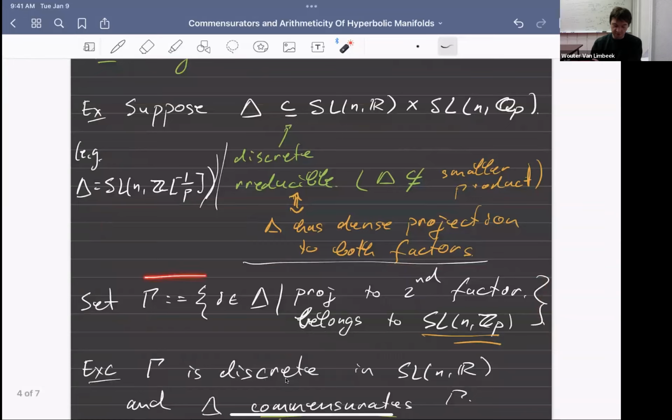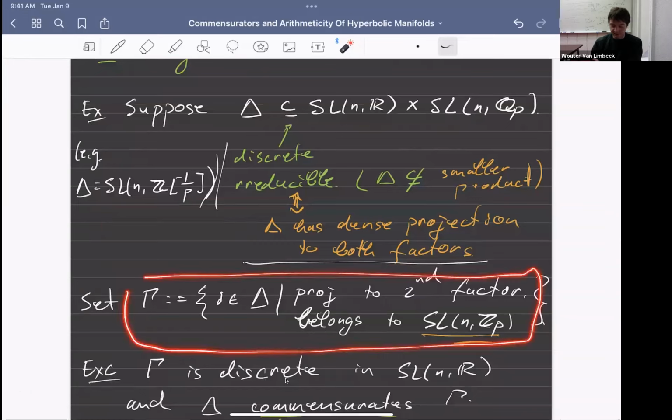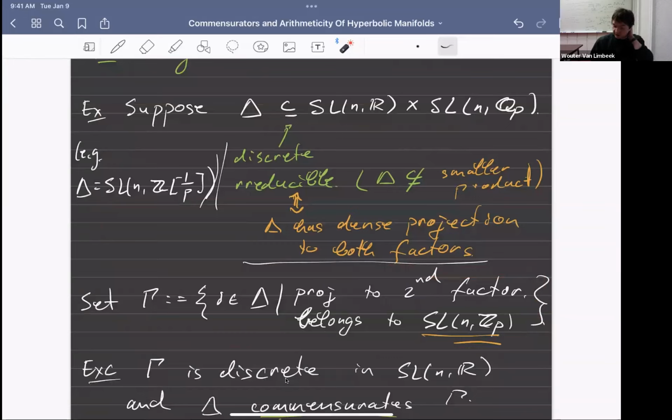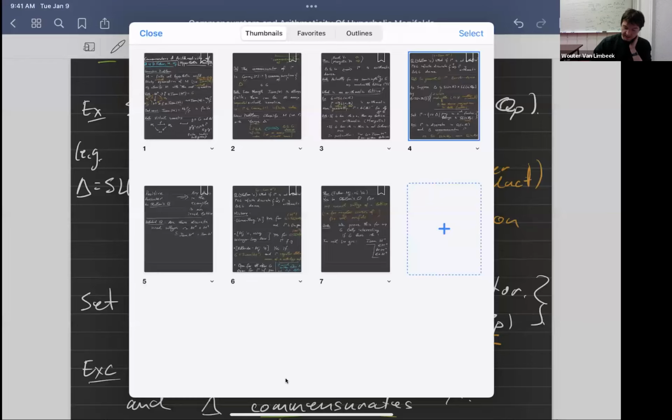Or at least there is no way to control whether they are finitely generated or not. So if you're interested in this application, you need to be interested in infinitely generated gamma, even if delta is finitely generated. Okay, but yeah, good question.